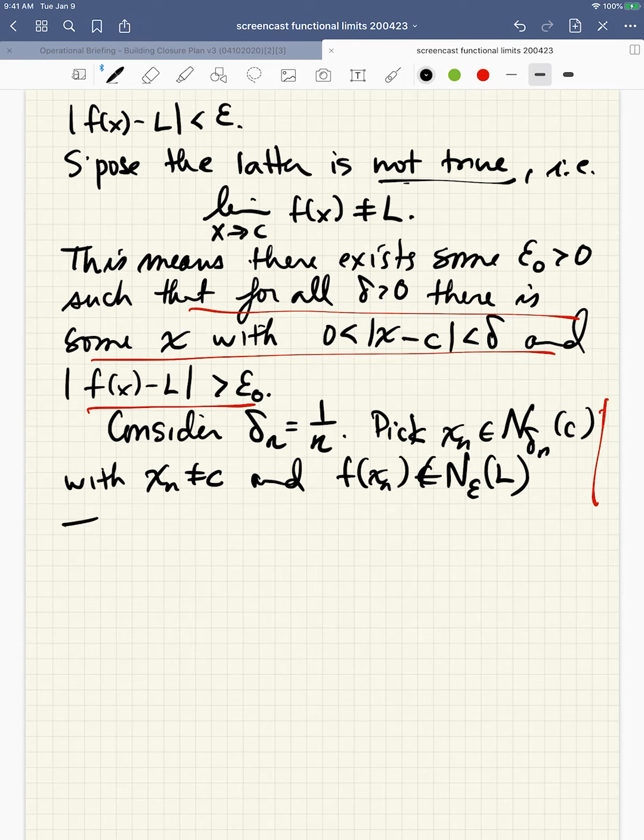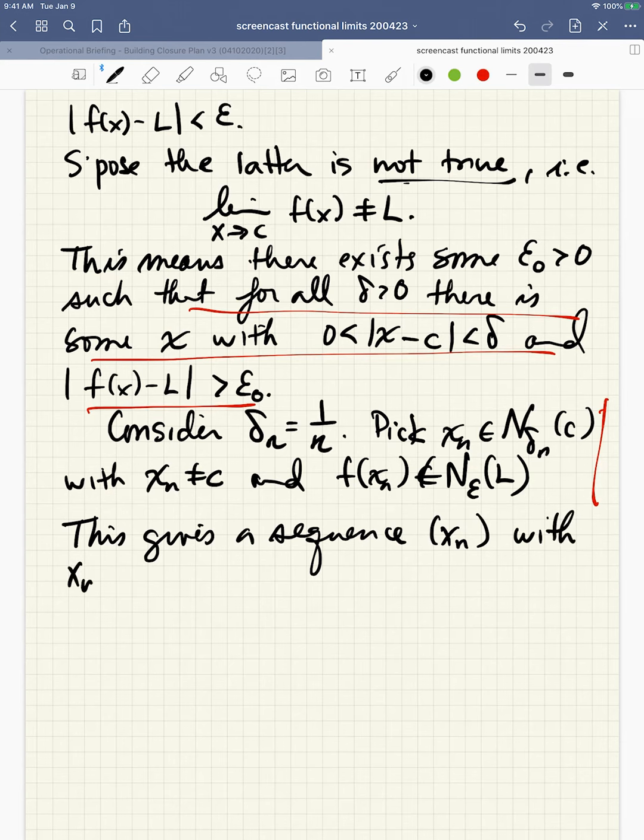So this gives a sequence with the terms of the sequence converging to c, and with the values f(xn) not converging to L. That is, this is a sequence that doesn't obey what we assumed was true.